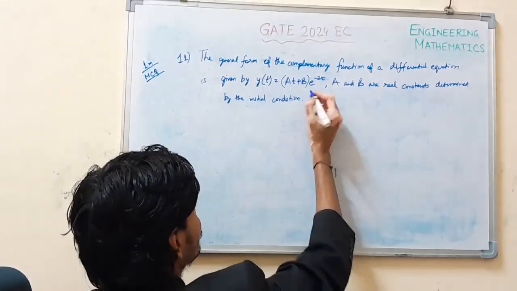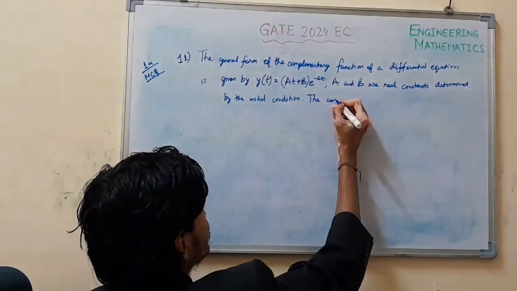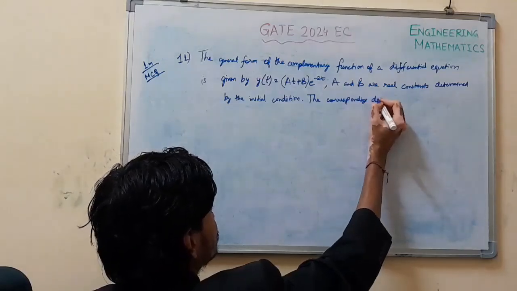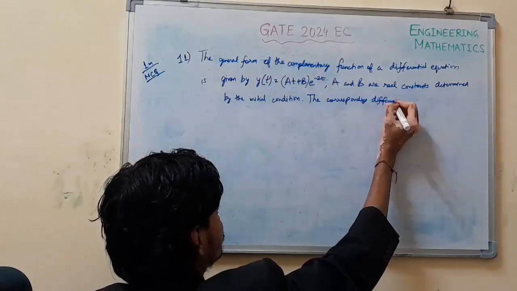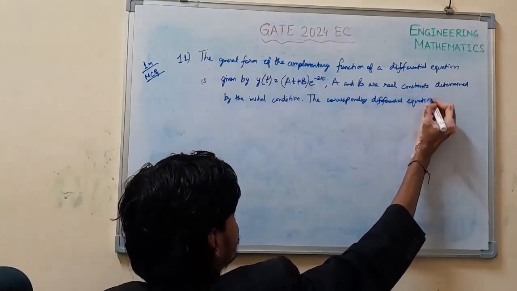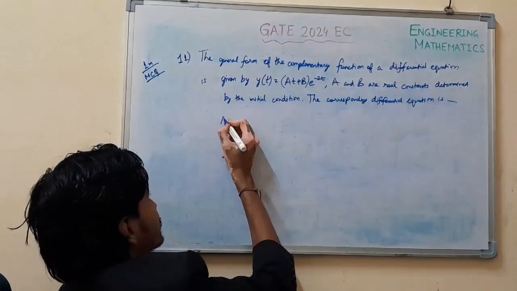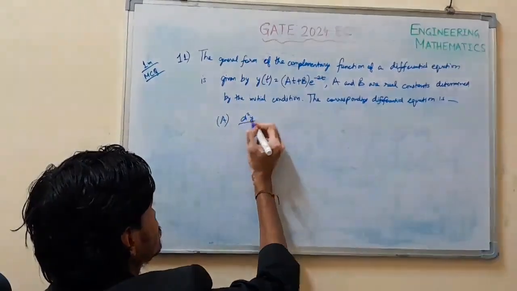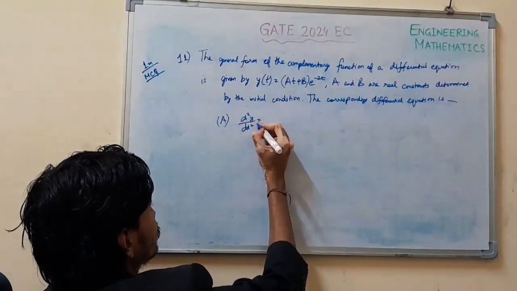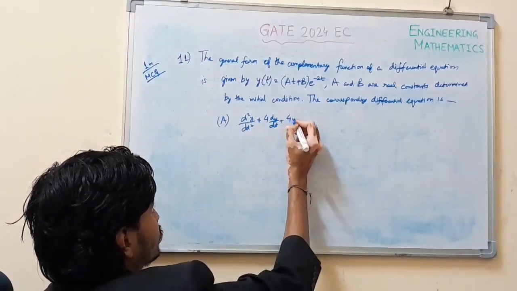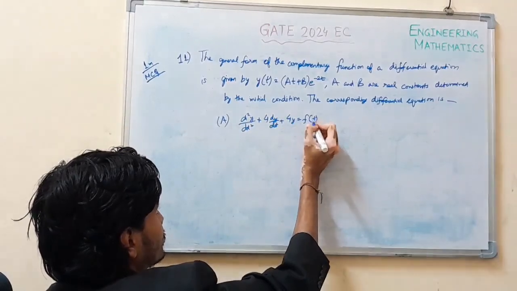The corresponding differential equation is asked, basically. Options: A, d2y over dt2 plus 4 dy dt plus 4y equal to 50.